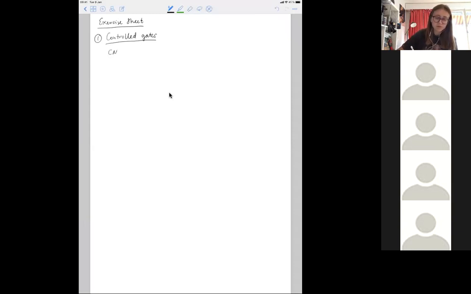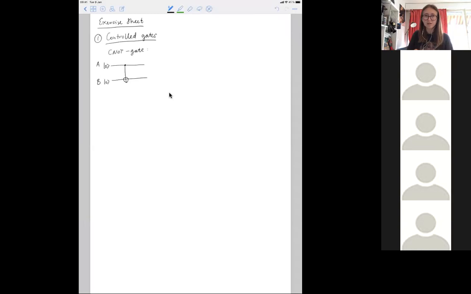An example of the most widely used controlled gate is the CNOT gate. The idea is the following. If we do a circuit and we label the first qubit A and the second qubit B, and suppose that they're both initialized in state 0, and then we apply a CNOT gate.